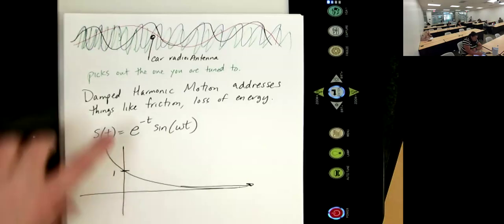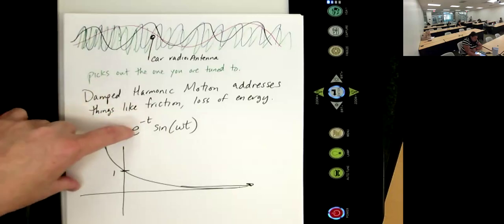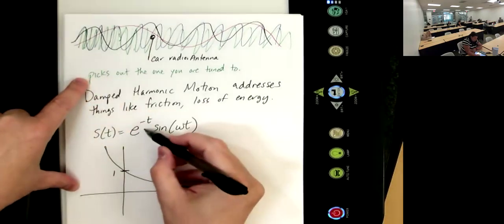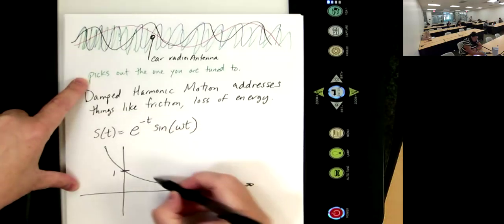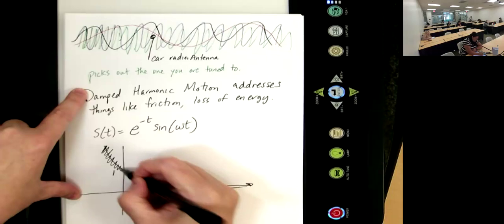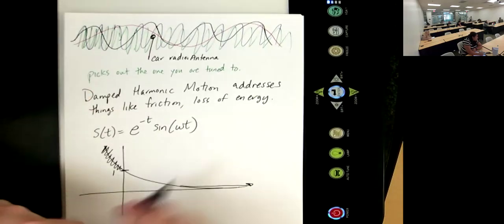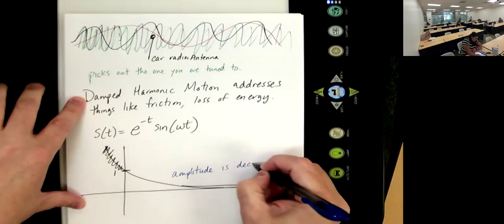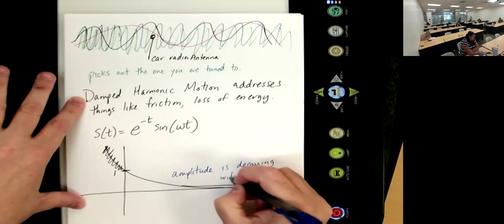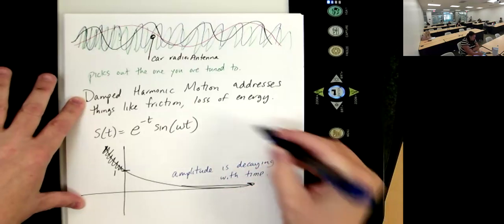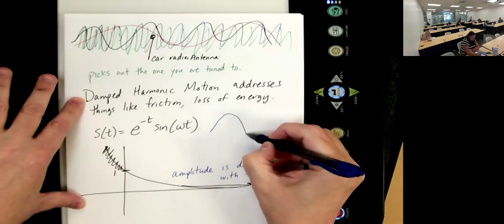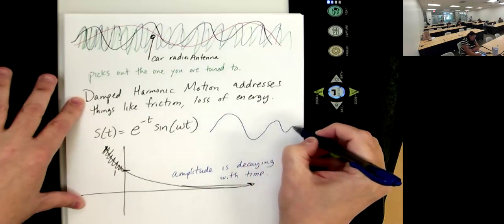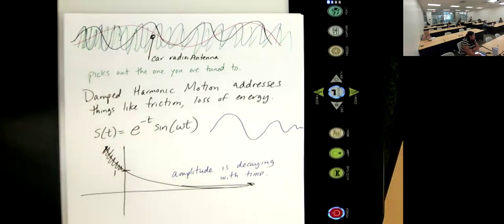So when t is 0, this is 1, and as t goes on, this amplitude goes down, because we're ignoring the left half of this graph, it starts at t equals 0. This is our amplitude, and the amplitude is decaying with time. That's why it starts off strong, but it slowly or quickly gets down to not doing anything. And that just depends on the frequency and stuff like that.